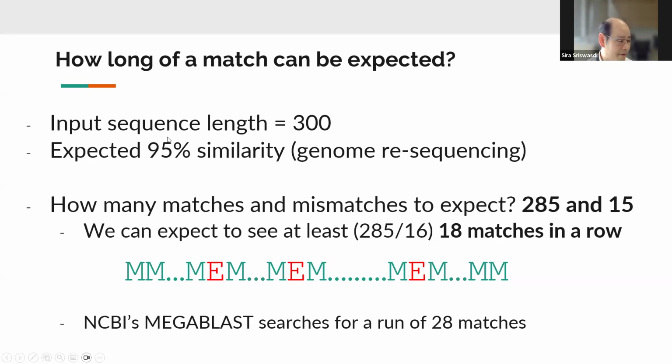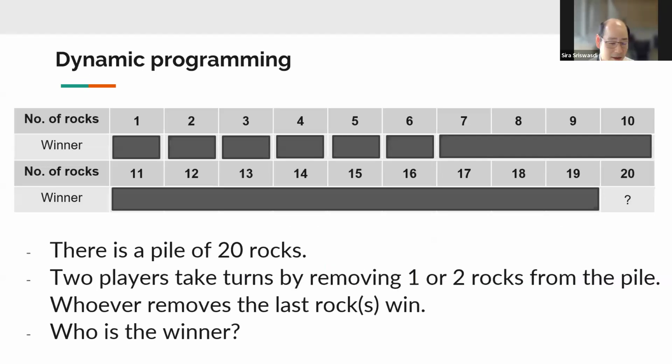If you assume that you have 95% similarity between your input and the database, actually when you run BLAST on NCBI, they are going to assume 28 matches in a row because you should have very few errors and a lot of matches. So this is a way, instead of having to consider every possibility, to look for a position with perfect matches first. So let's see how the algorithm works.